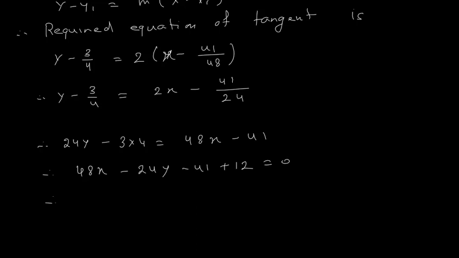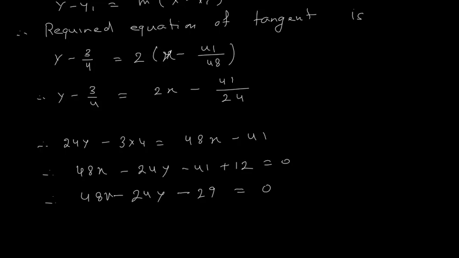Therefore 48x minus 24y minus 41 minus 12, 11 minus 2, 9, and 3 minus 1, 2, 29. So 48x minus 24y minus 29 is the required equation of tangent.